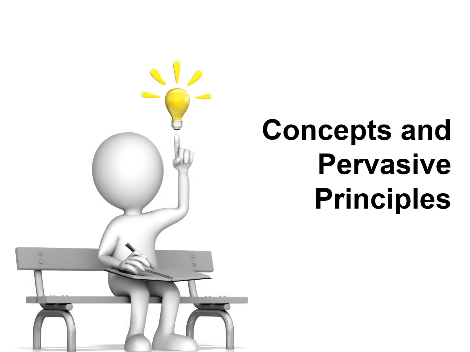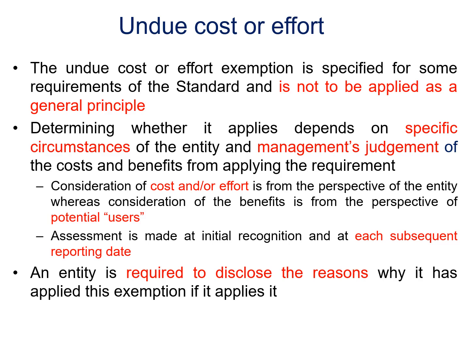Moving on to the concepts and pervasive principles that the standard addresses. One of the key matters that has been addressed in the standard is the concept of undue cost or effort. The undue cost or effort exemption, which we are permitted to apply in terms of the standard, is an exemption that is available only in specific circumstances.